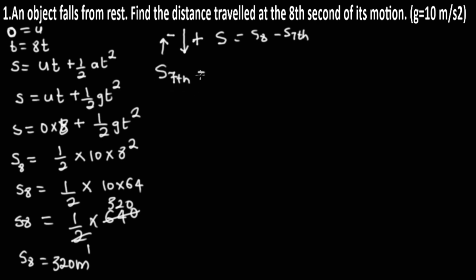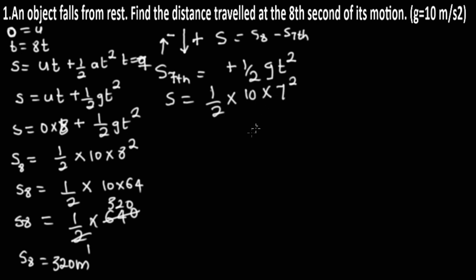s7 automatically is equals to half gt square. Now don't forget that the t here is 7 for s7. So s is equals to half times 10 times 7 square. 7 square should be 49. Half times 10 times 49.